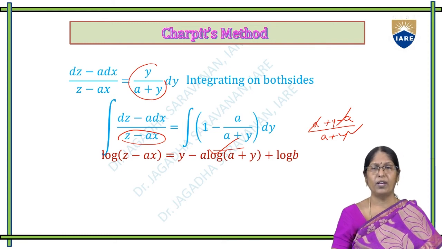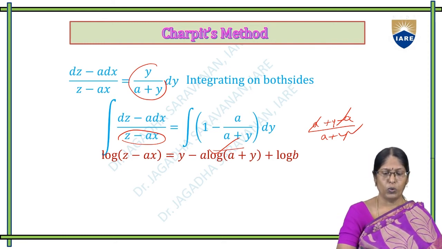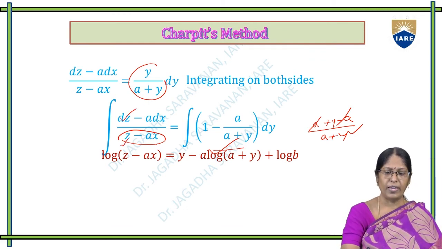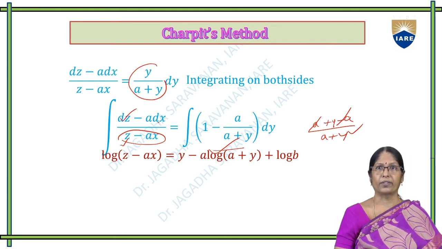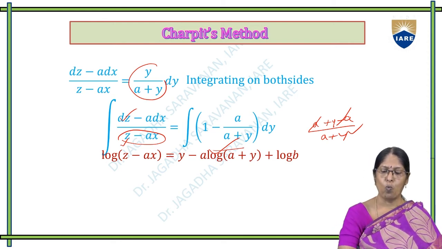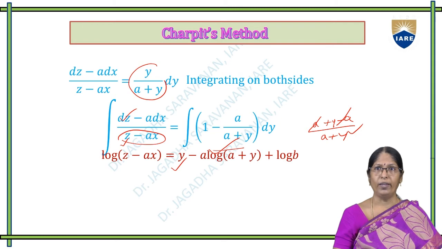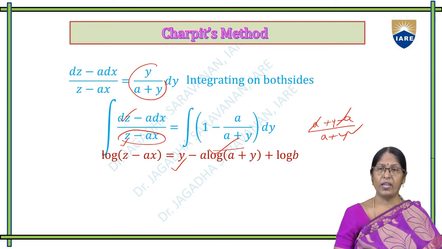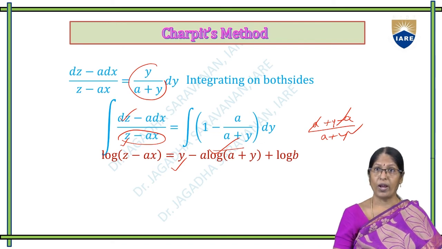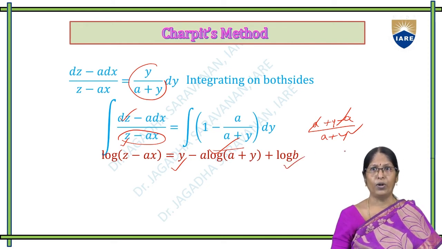Then we can write it as log of z minus ax, since z differentiation is dz and ax differentiation is a dx. So log of z minus ax is equal to integral of 1 into dy minus a into dy by a plus y. We can write log of a plus y, plus a constant which we added in terms of log.